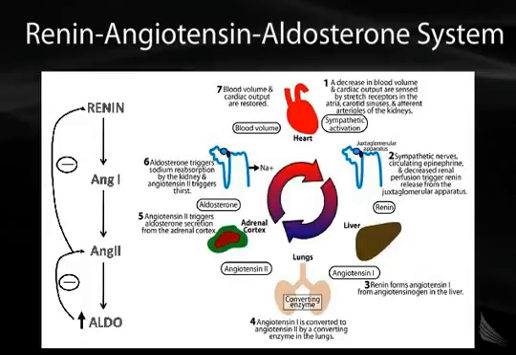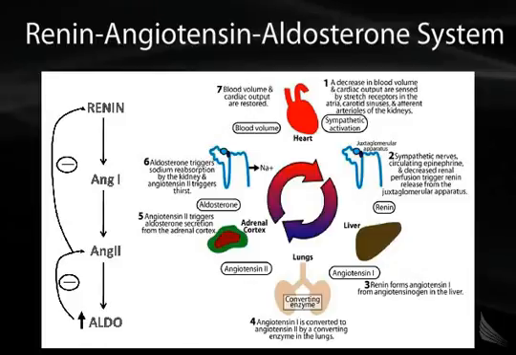So the RAA system is a system that is regulated by the release of renin, angiotensin 1, angiotensin 2, and aldosterone. And this again forms a classical negative feedback system. Renin is released first from the JGA, the juxtaglomerular apparatus in the kidney, gets to the liver, and releases angiotensin 1.